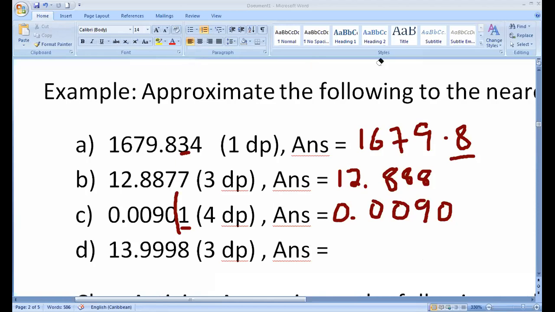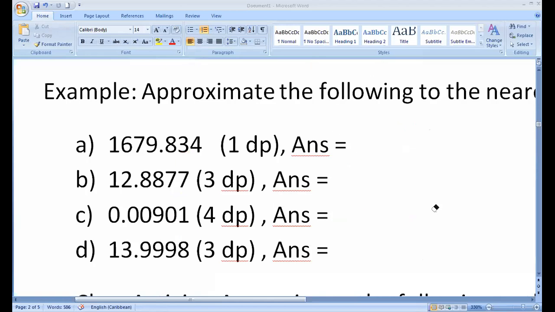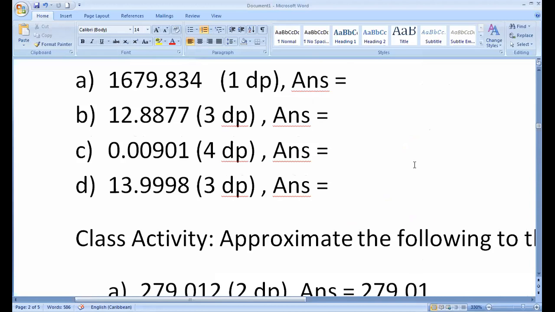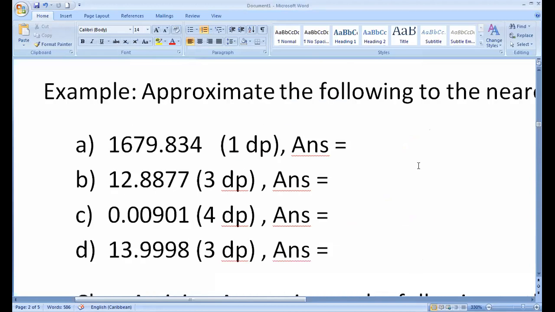Let's look at the last one. It seems a little bit interesting. It says round off to 3 decimal places.